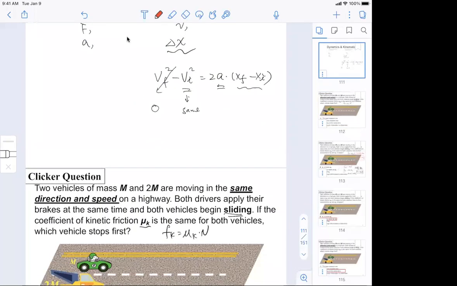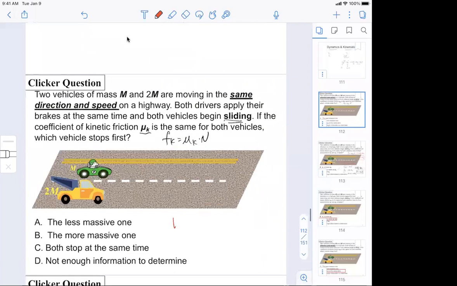So v final squared minus v initial squared equals 2a times x final minus x initial. Remember our vote result from before. I will let you vote again on this question to see if we changed our minds or not.